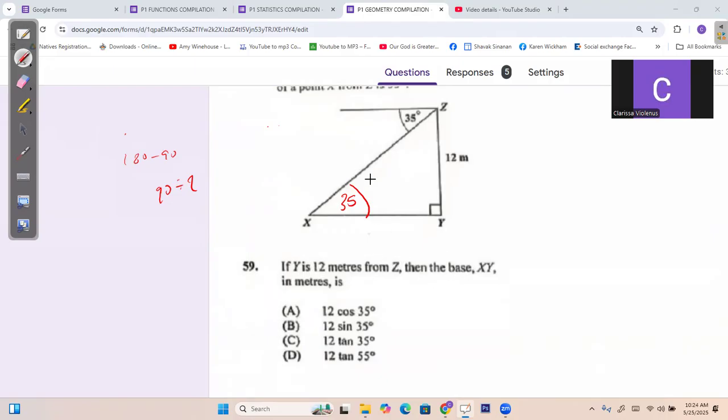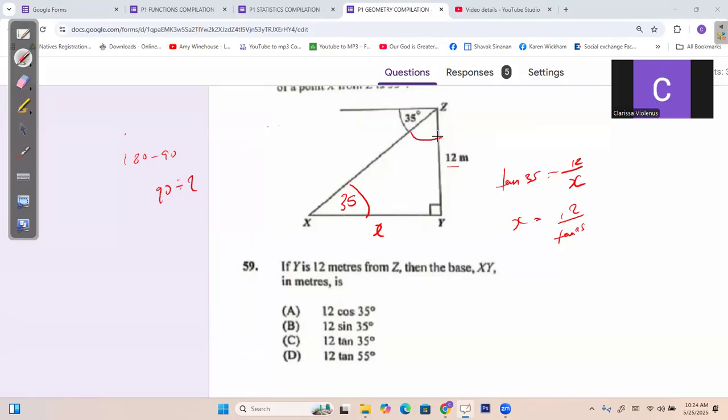Then the base is, so this would be X. So it would be tan 35, because that's opposite over adjacent, is equal to 12 over X. So X is equal to 12 divided by tan 35. But because we don't have this, we've got to look at another option.